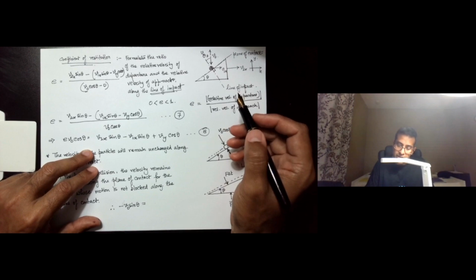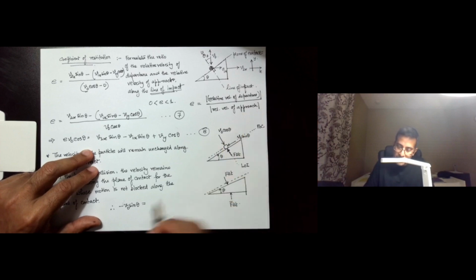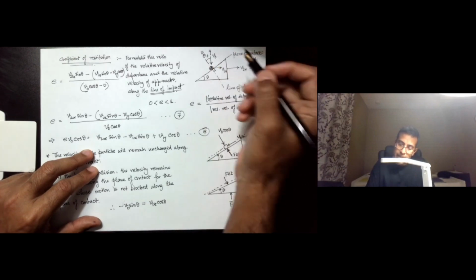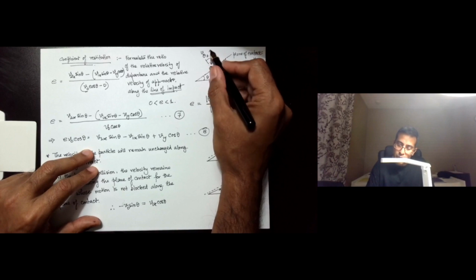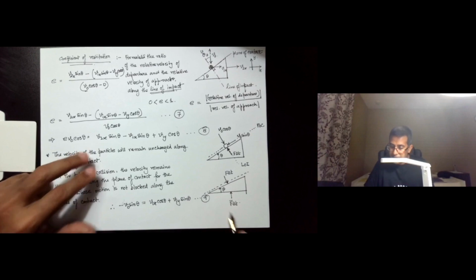So what is the velocity of the particle up the plane of contact after the impact? Well, it is v1x cosine theta plus v1y sine theta. Yeah, so that is our equation 9, and this in fact now gives us our third equation.